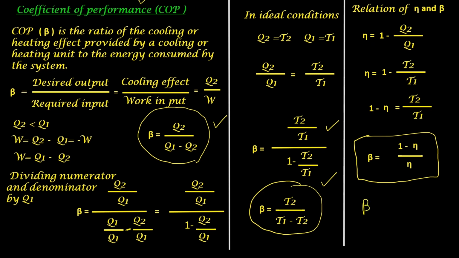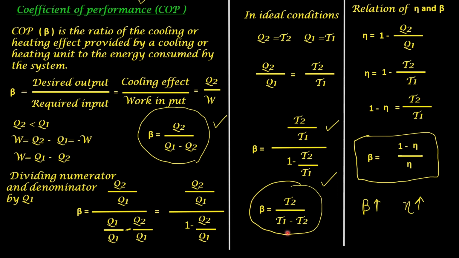Greater the coefficient of performance beta, greater the efficiency eta. That is, less the difference between the temperature T1 of the environment and T2 of the foodstuff that is kept inside the refrigerator, the more the efficiency, that is, more the cooling.